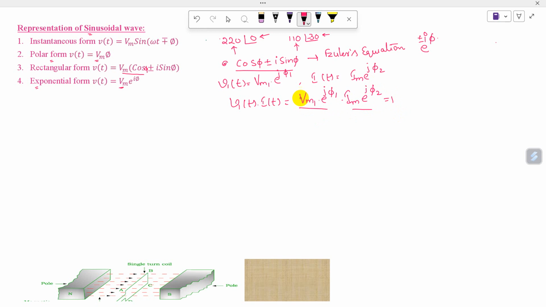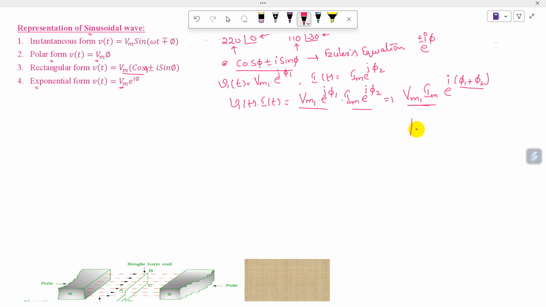So we need to multiply magnitudes, that is Vm1 Im, and exponentials will be added, this is e power phi 1 plus phi 2. So this is the maximum value, one maximum value, and this is the net phase angle.